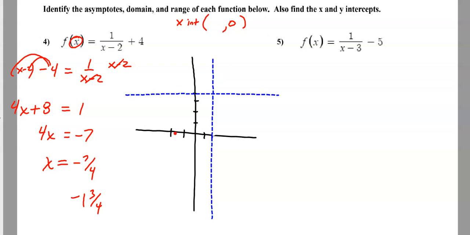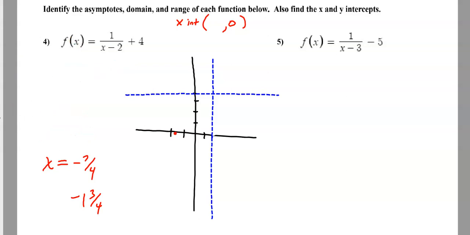Then my y-intercept, where's that one going to be? So for the y-intercept, let x equal 0.